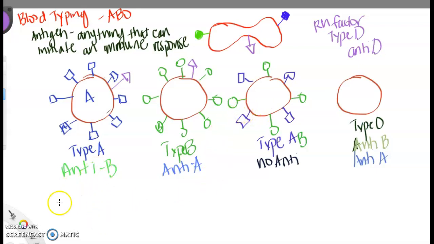So antibodies look a lot like little Ys. Let me show you. So we have an anti-A. It looks kind of like that. So this is the little binding site, and this antibody will bind onto that antigen. Okay, so here's anti-A.